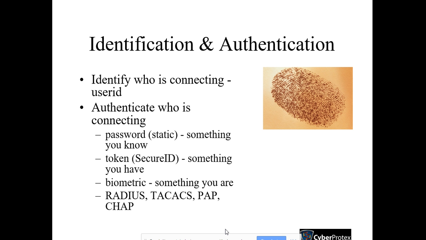Usually, one of the analogies that you'll hear is that any person can claim to be an identity, but to prove it, to authenticate it, that person needs to provide some sort of evidence. And that's why oftentimes when we get pulled over or we're going through the airport or whatever, the first thing they say is license or registration, please, sir, or show me your passport, or something like that.